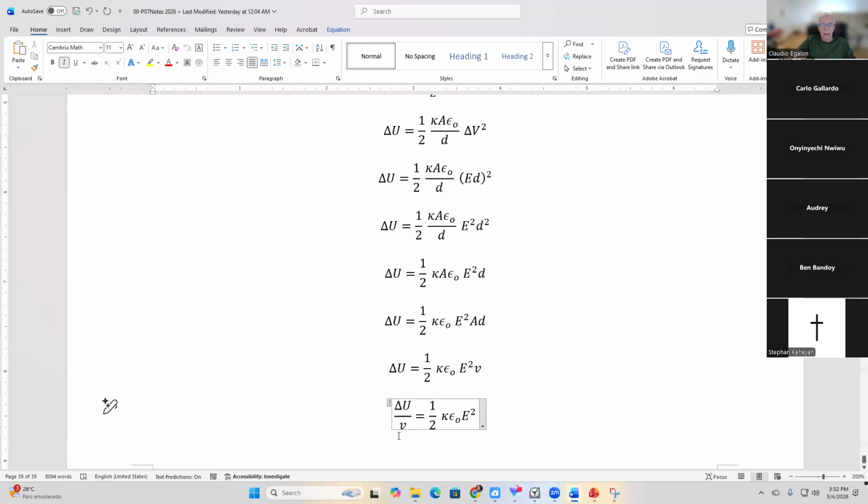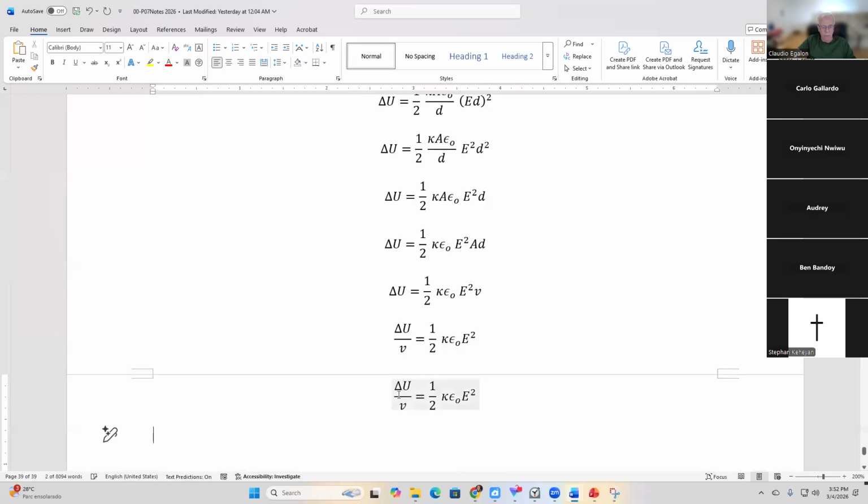Right? And delta U over V, we call lowercase u for energy density. Energy density is directly proportional to the square of the electric field. The higher the electric field, the more energy you can store in the capacitor.